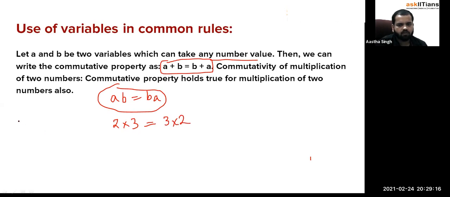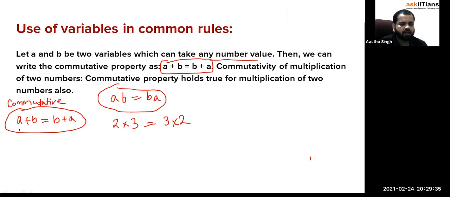Also, A plus B is equal to B plus A. If A and B are variables and take number values, these show the commutative property: whether you add A and B or first B and A, it does not depend on the order.